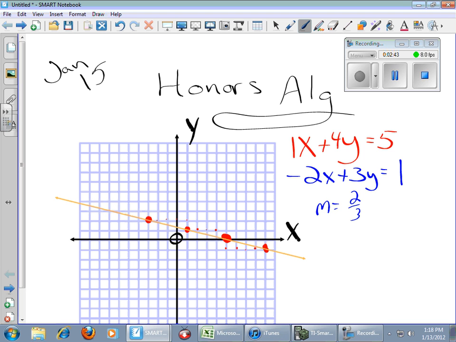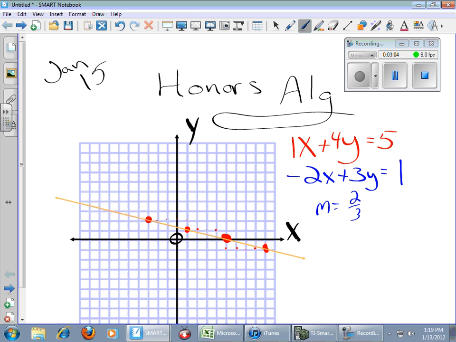So I'm going to find the x-intercept only, because I'd rather deal with a half than with a third. It's easier for me to graph 1/2 on my graph over here than it is for me to graph 1/3. I can be more exact with it.